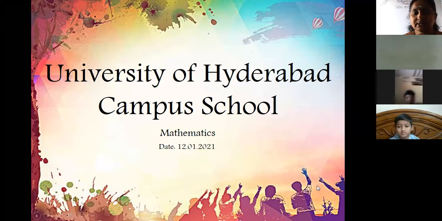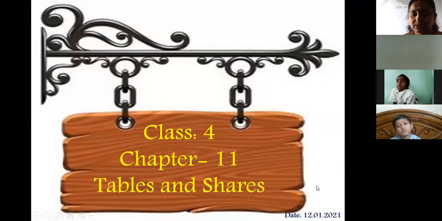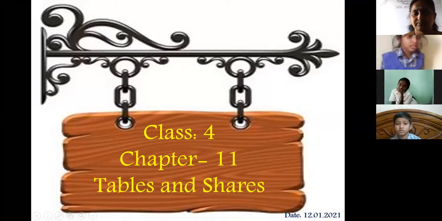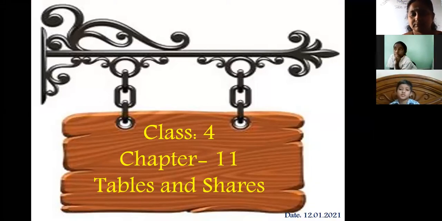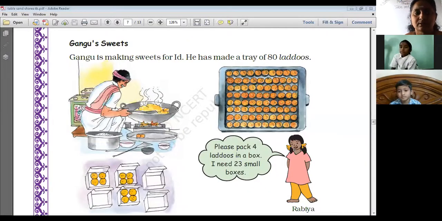So let us start our chapter Tables and Shares, continuation of the previous class. Gangu is making sweets for Eid. He has made a tray of 80 laddus.